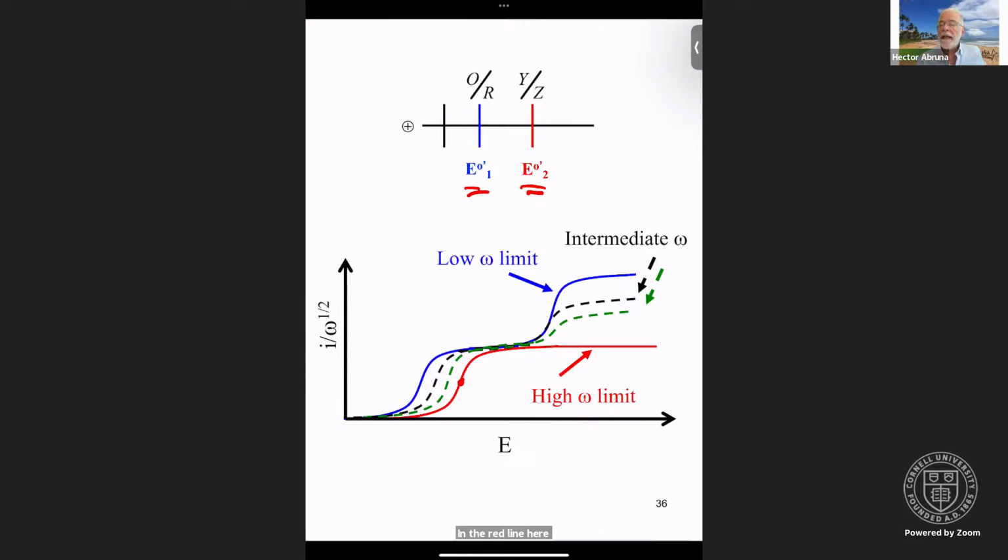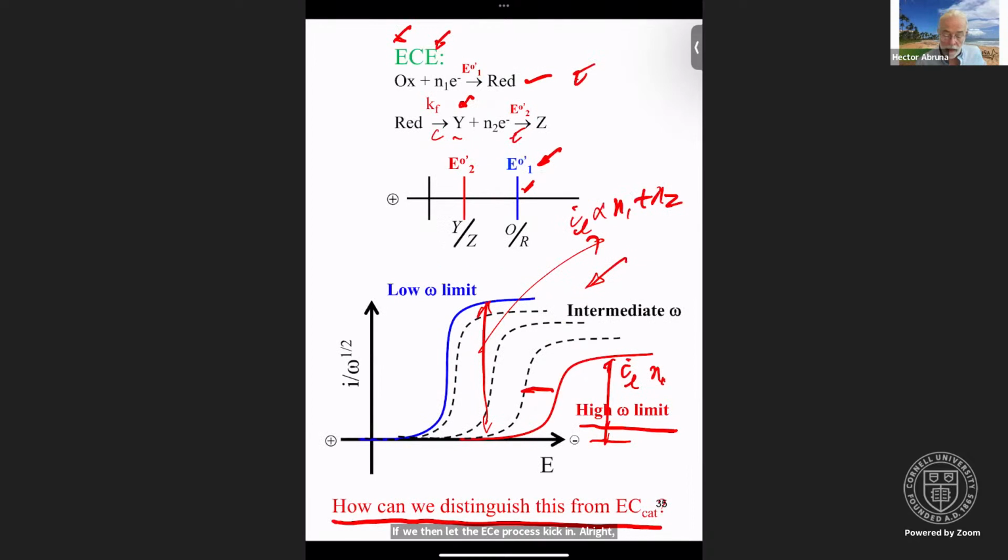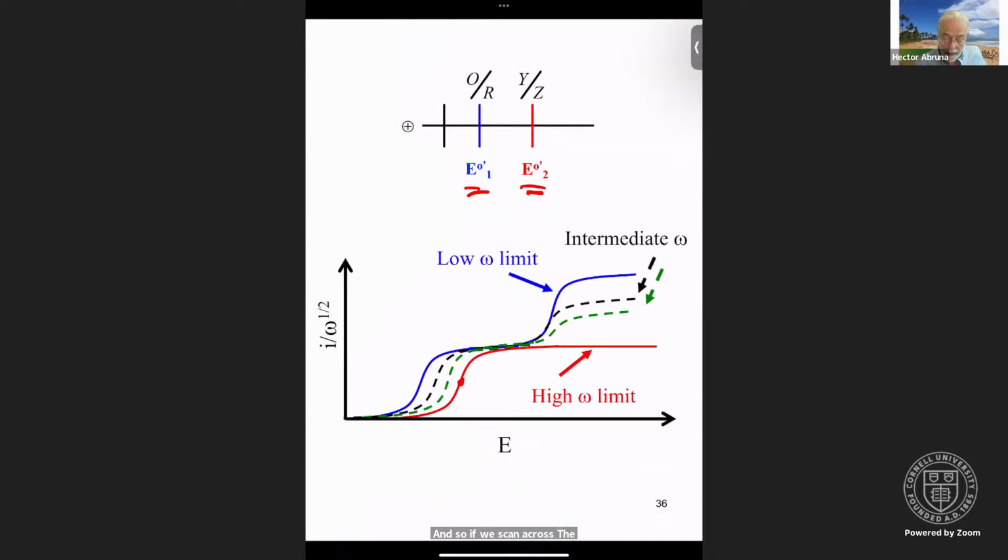If we then let the ECE process kick in, then red is being consumed. And so as in any EC process, that wave will be shifted on the potential axis. But also we are generating some Y. And so if we scan across the potential region where Y is active, we should see an increase in the current.